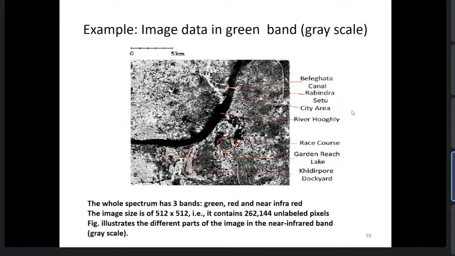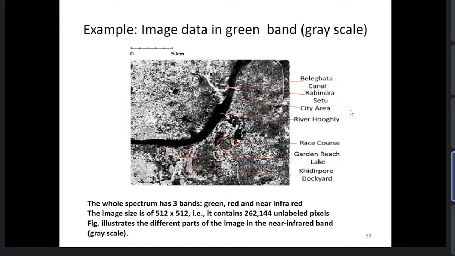You see the Beleghata canal is there, the Rabindra Setu, which is the Howrah Bridge, and this black line is the Hooghly or Bhagirathi River. The race course area, Garden Reach Lake, Khidirpur, all are given. The whole spectrum has 3 bands: green, red, and near infrared.